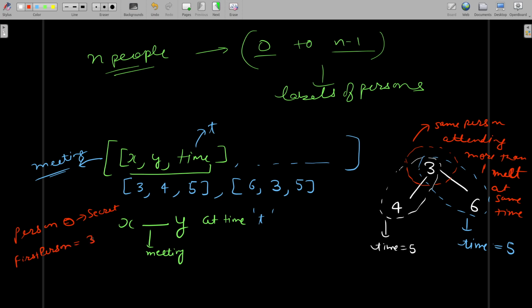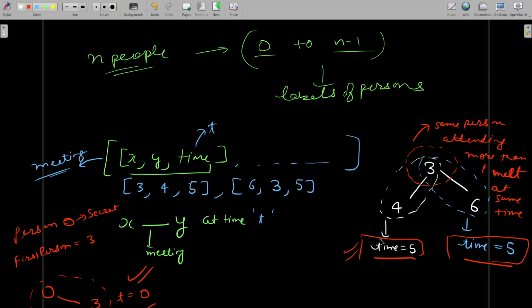Okay, so at time t is equal to 0, these two exchange the secret. So 0 gave the secret to 3. So this happened at time t is equal to 0. Okay, and these events happened at time t is equal to 5. So first this one occurred, and then these events occurred at the same time.